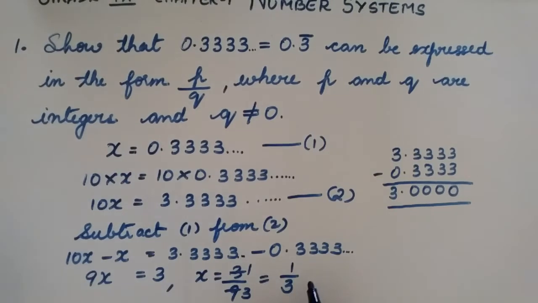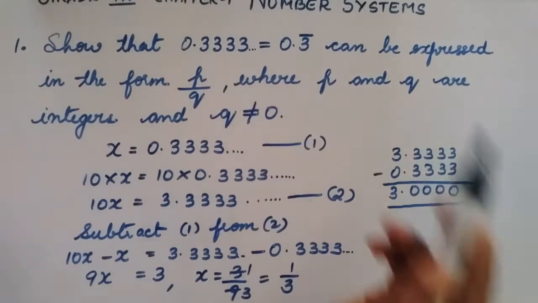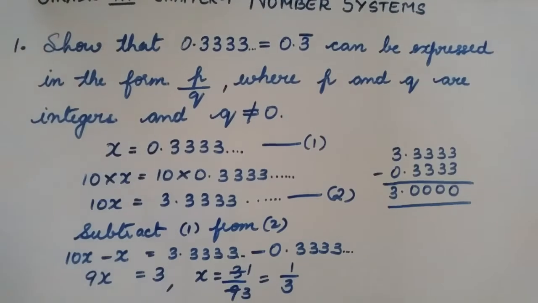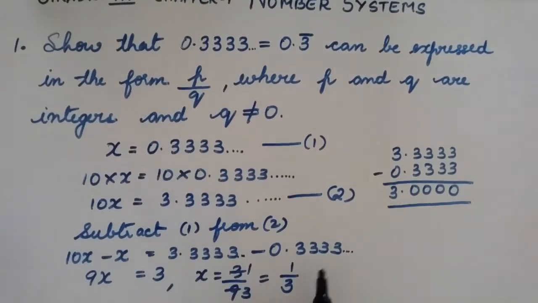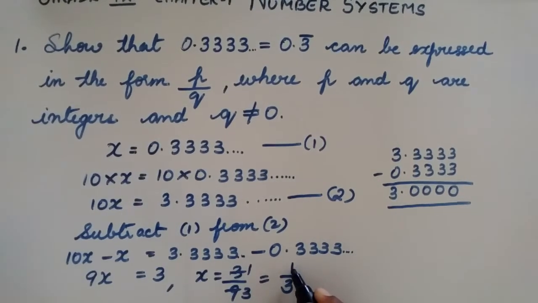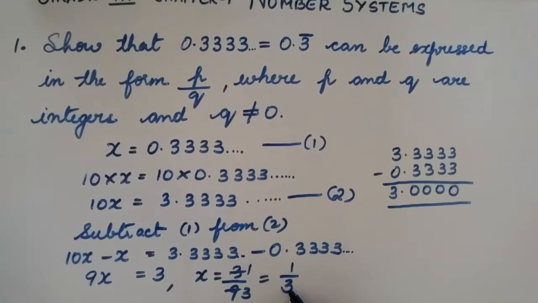So now we have expressed this number, that is 0.3 bar or 0.333... so on, in the form p by q. Here p is equal to 1 and q is equal to 3, and q is not equal to 0. So this is a rational number. Is this clear, students?